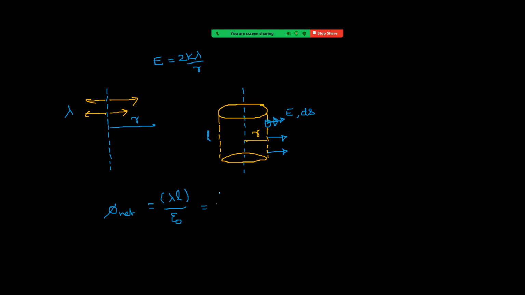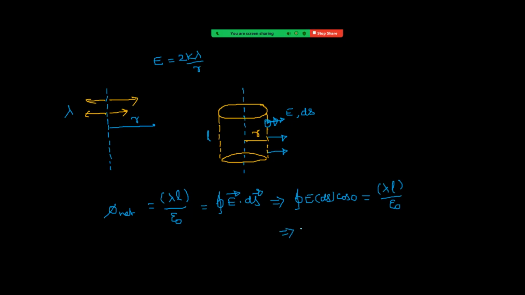This is equal to the closed integral of E bar dot ds bar, right? So I can write the integration of E into ds into cos 0, equal to lambda L, the charge inside, by epsilon naught.